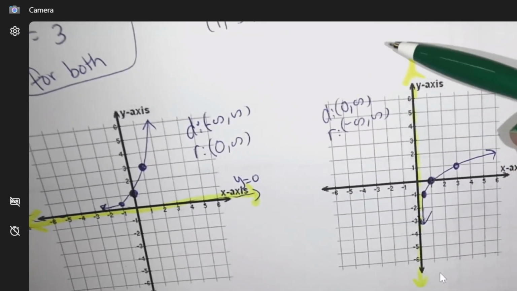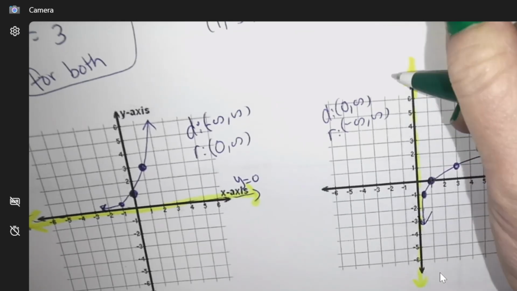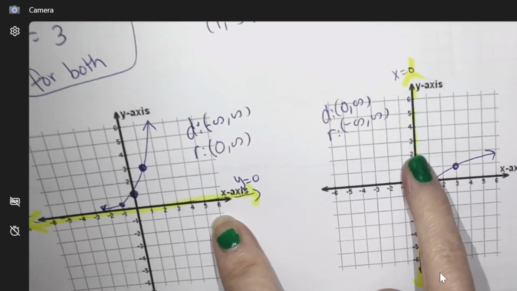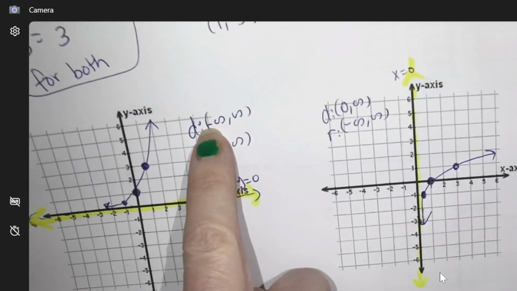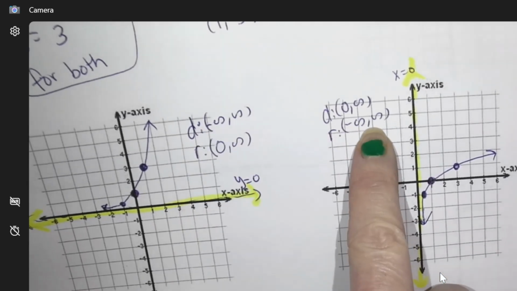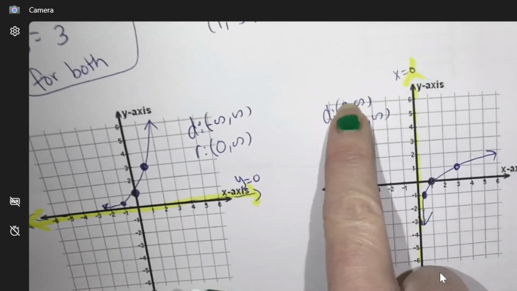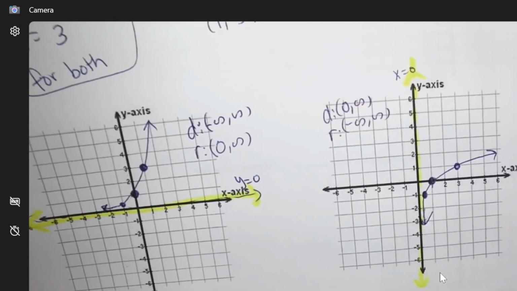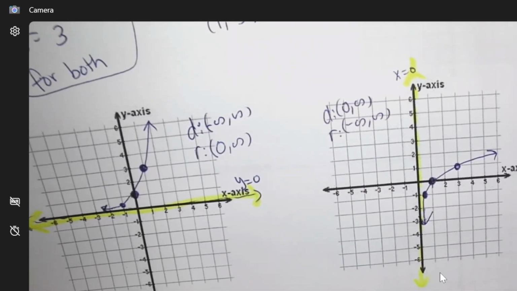And what's the asymptote? X equals 0. So do you notice stuff happening? The domain of this is the range of that. The range of that is the domain of that. Y equals, x equals. Okay, everything's vice versa.